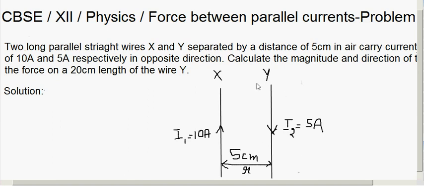Now what is the force? The magnitude and direction of the force on 20 centimeter length of the wire Y is asked. So we'll write here the given quantities clearly. Given: current I1 equal to 10 amperes, current I2 is equal to 5 amperes.